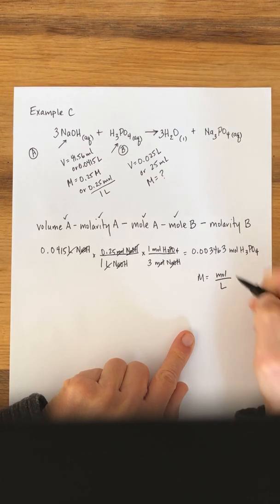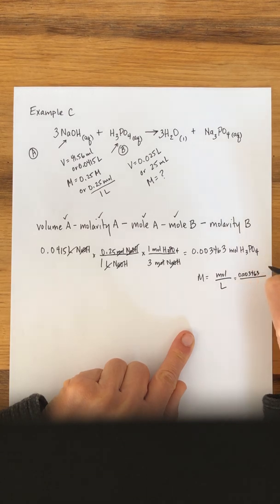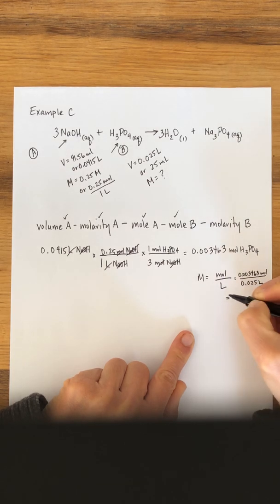So I know that's how many moles I have. And I simply place that into my equation because I also know how much volume I have. So I write 0.003463 moles of H3PO4 over 0.025 liters. And that answer gets me, if I do my significant figures, to 0.14 molar H3PO4.